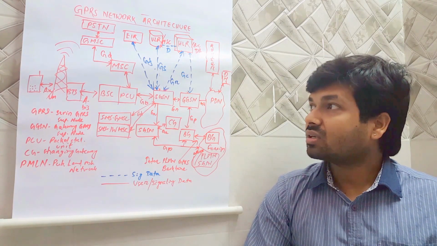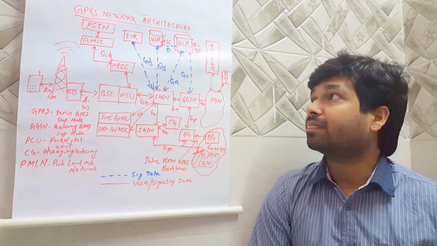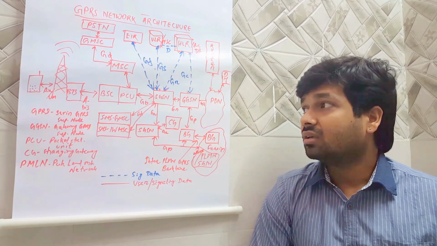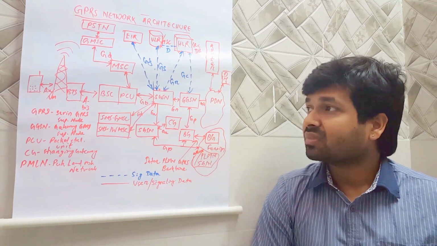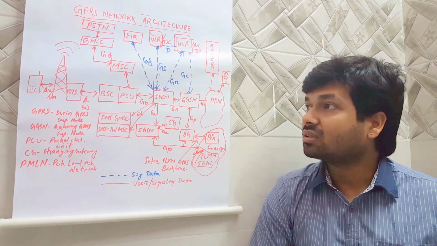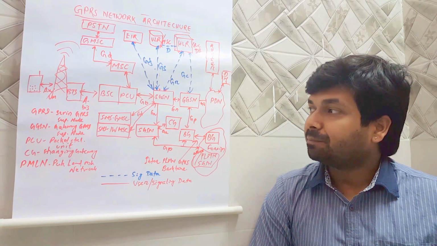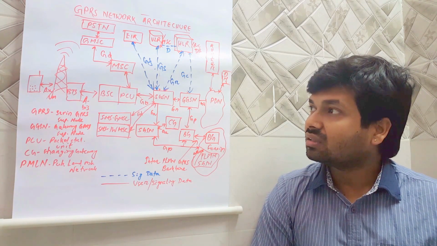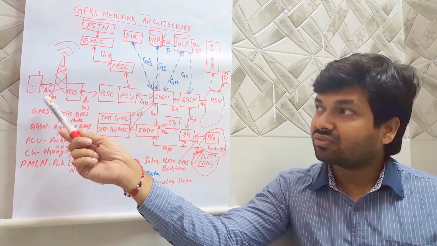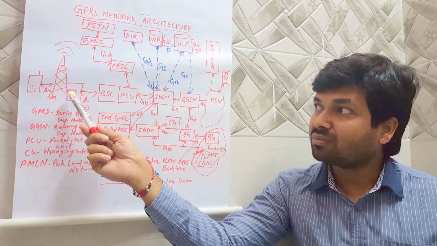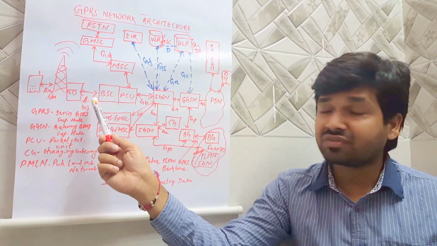So this is all about the GPRS network architecture, all the interfaces, all the major network elements involved. I want to summarize again. We are having the Um interface in the air from MS to BTS. From BTS to BSC we are having the Abis interface.